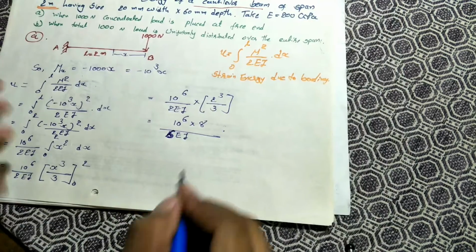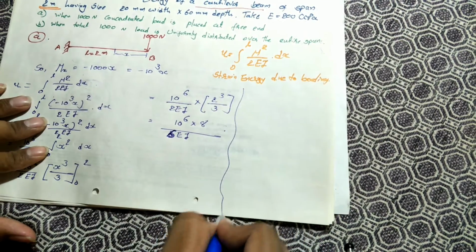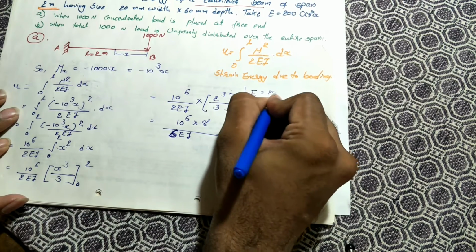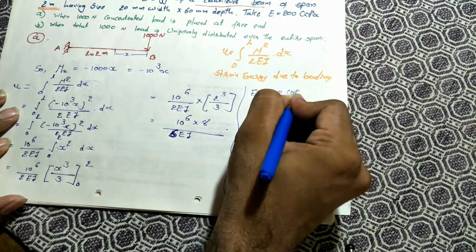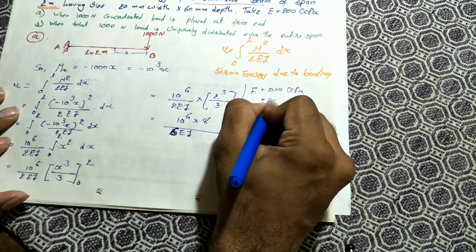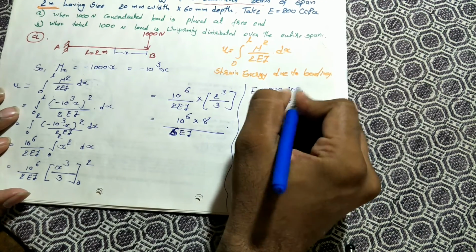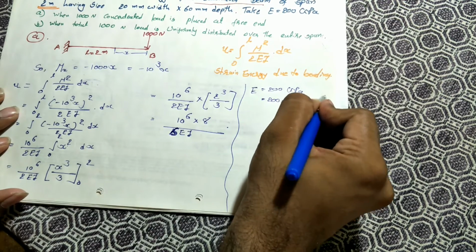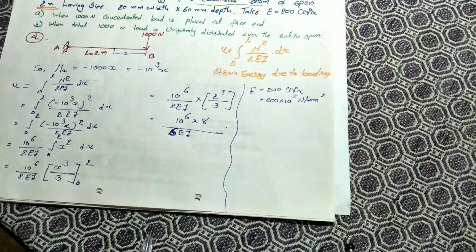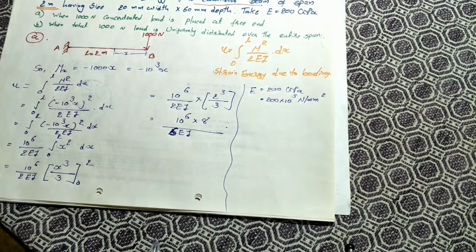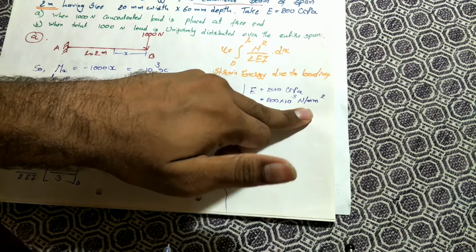So we will have a value of E and I over here. E is equal to 200 gigapascal. Okay, so that is 200 into 10. 1 gigapascal is equal to 10 raised to 3 Newton per mm square. Over here all the data are in mm, so this is also in mm.